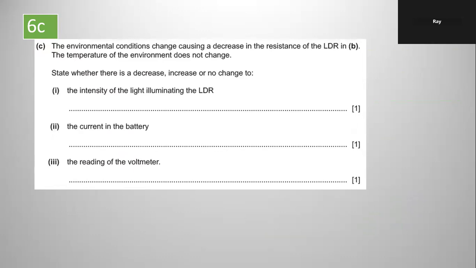The environment condition change causes a decrease in resistance of the LDR. In B, the temperature of the environment does not change. State whether there is a decrease, increase, or no change. Decrease in resistance of LDR, so intensity, is it increase, decrease, or no change?